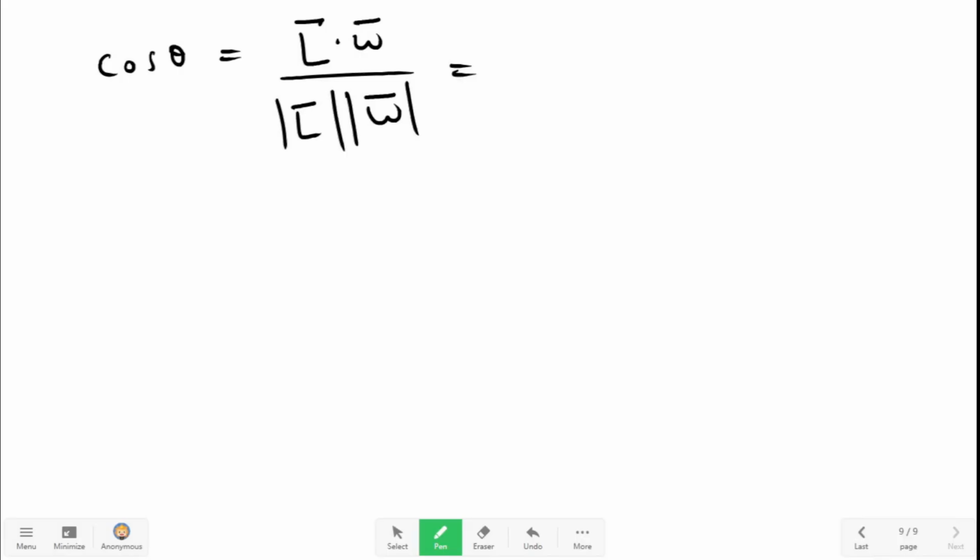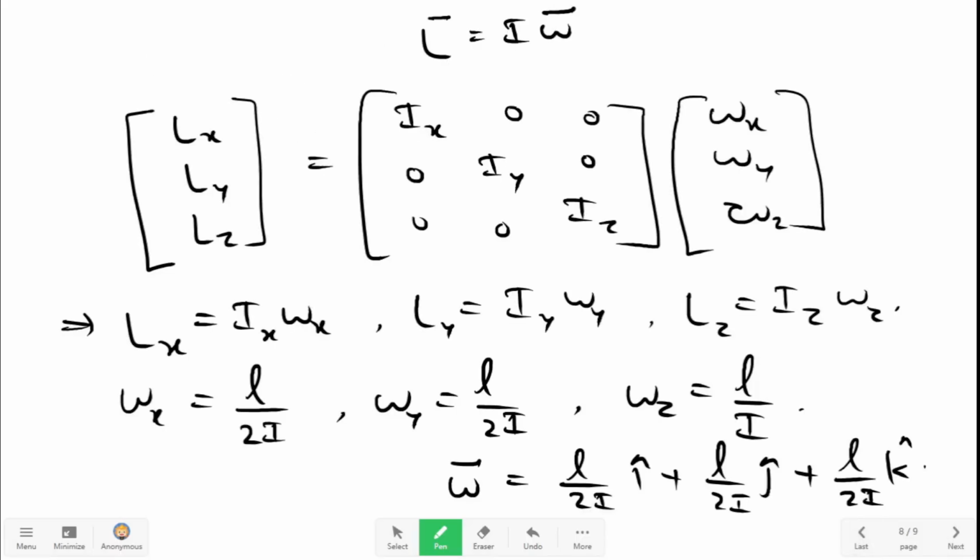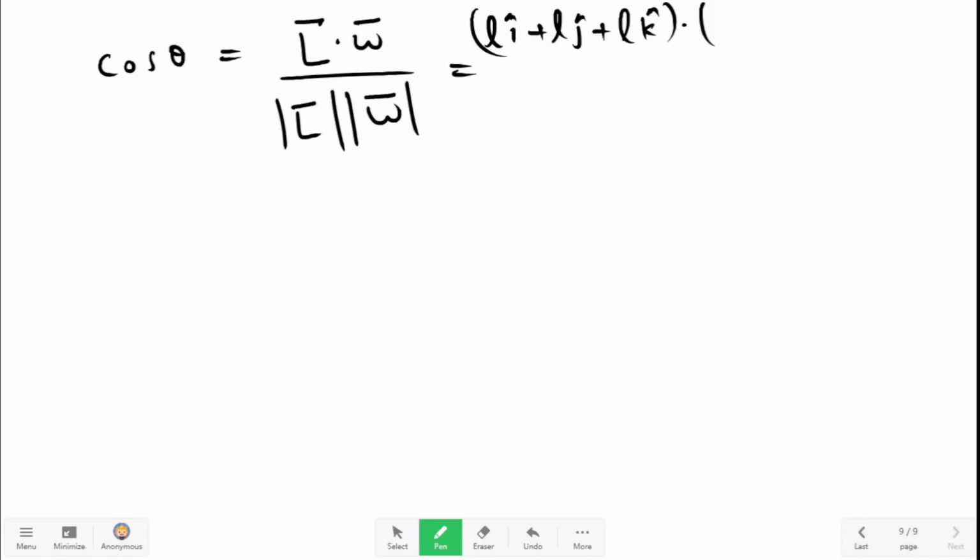This is equal to L vector, which is L i plus L j plus L k cap, dot the omega vector, which we found here.